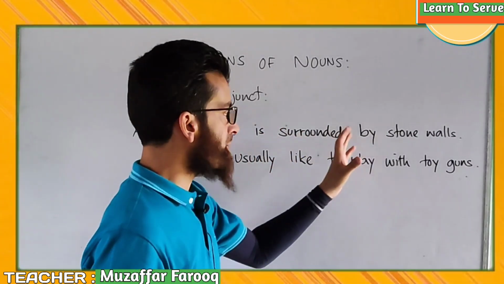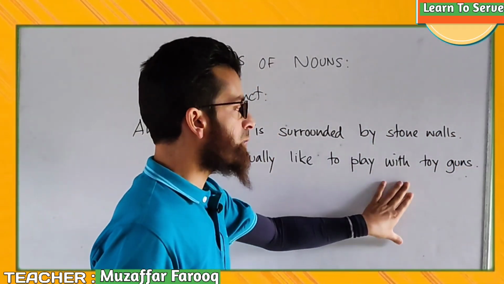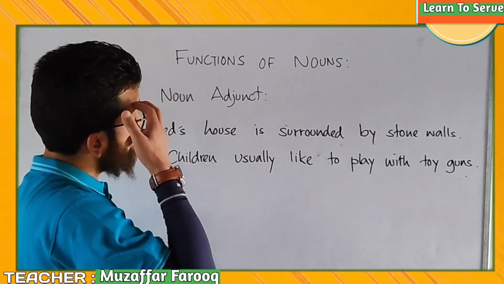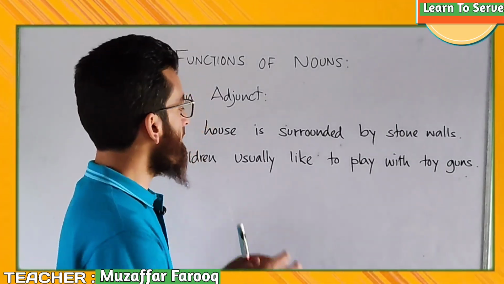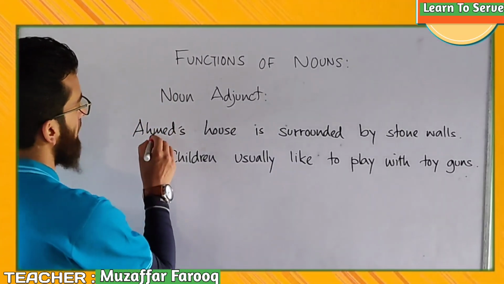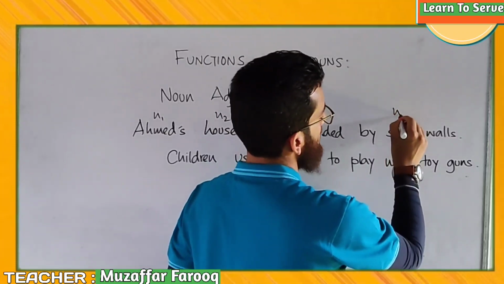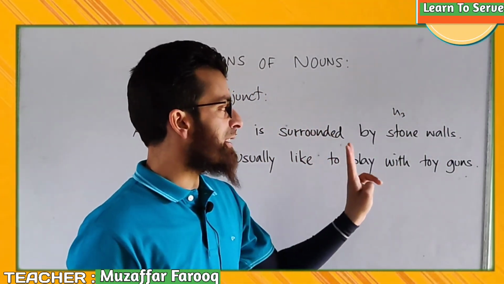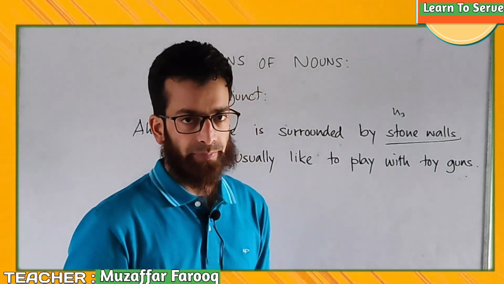Ahmed's house is surrounded by stone walls. Children usually like to play with toy guns. Now, the first sentence, if you are asked to identify the nouns, how many nouns are there? We have noun 1, Ahmed, noun 2, noun 3, and noun 4. Technically, we have only 3 nouns. This is a compound noun, stone walls.